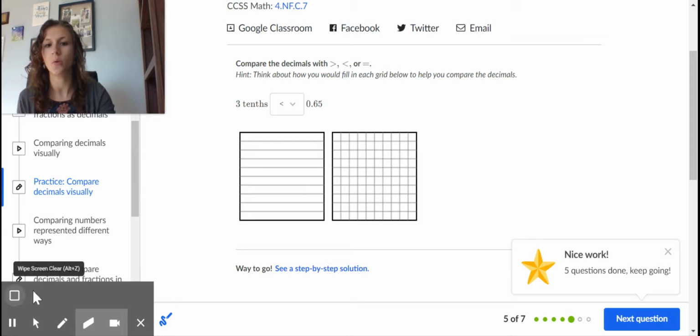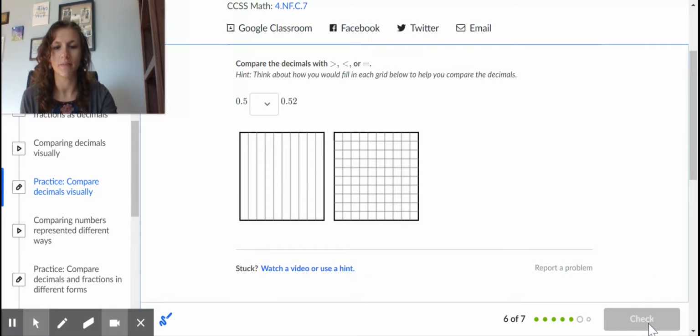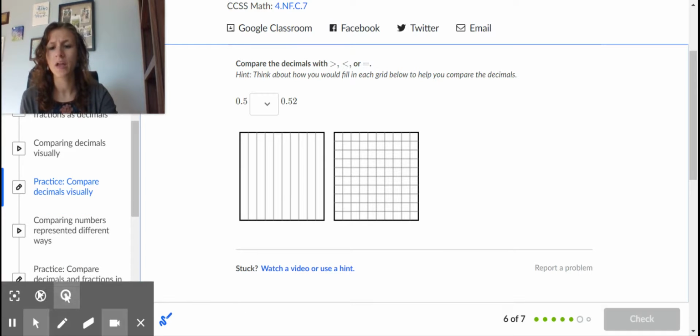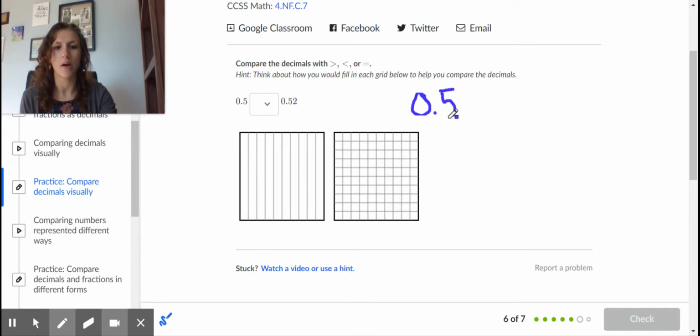Let's go ahead and do one last one together in terms of our comparison. All right, so once again, we have that 5 tenths and that 52 hundredths. Let's actually try to do it without these decimal grids. I want to go ahead and make these the same unit just because that makes it easier for me, because then it's just like when we compare our integers, which is what we are most comfortable with.